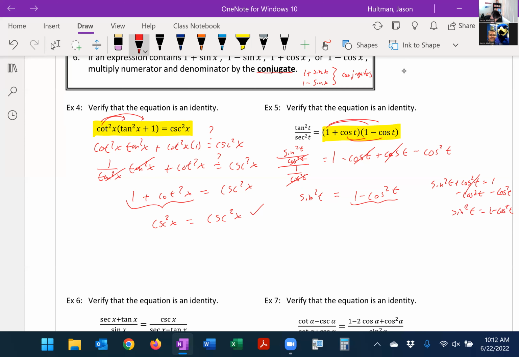And so we do get sine squared t is equal to sine squared t, and so it does check. Even though we didn't end up with what we started with, we did end up with something equal to something else. And so we can say that the original identity is true.